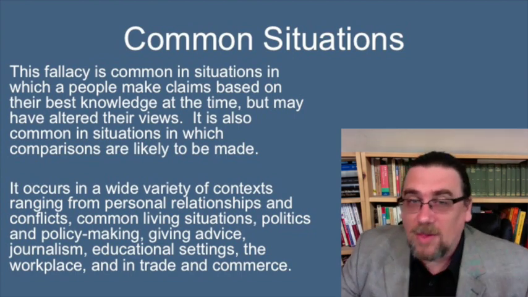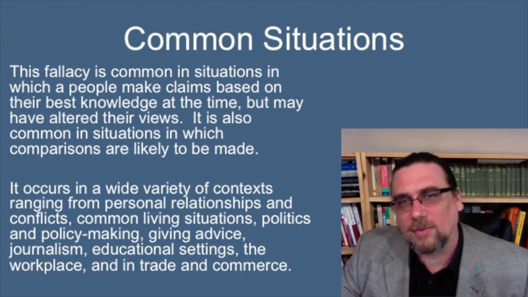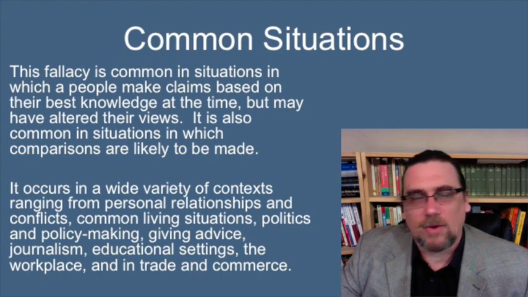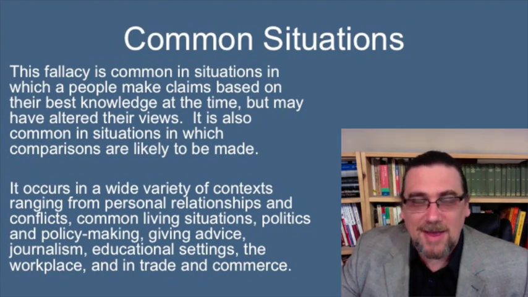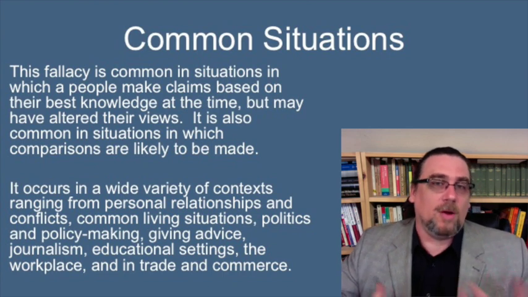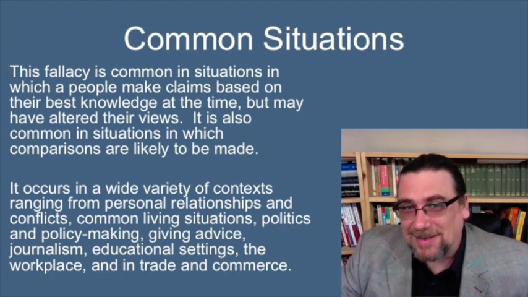Journalism. There's a lot of gotcha journalism that goes on. This ties in with the politics thing as well, but also with popular culture. There's a tendency on journalists' part to think that if they uncover an inconsistency, they've really done something amazing. And what we always have to ask is, well, what is the relevance of that inconsistency? Educational settings.